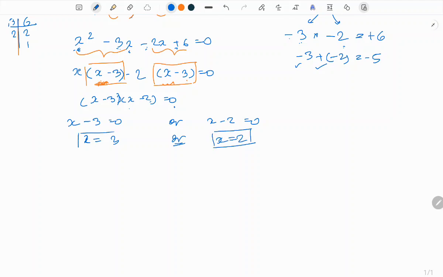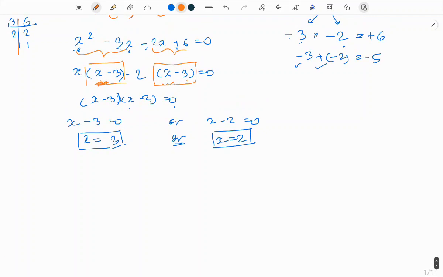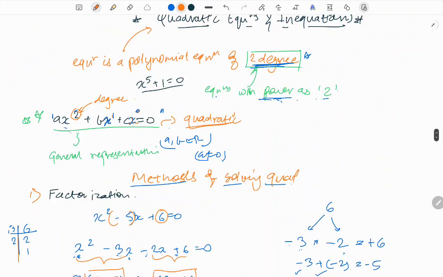These are the roots of a quadratic equation. Now, you might be asking a question: what basically are the roots? So what roots are, I'll tell you.